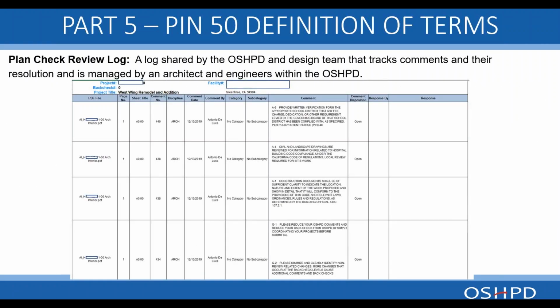The plan check review log is a log shared by the office and design team that tracks comments and their resolution, and is managed by an architect and engineers within the office.